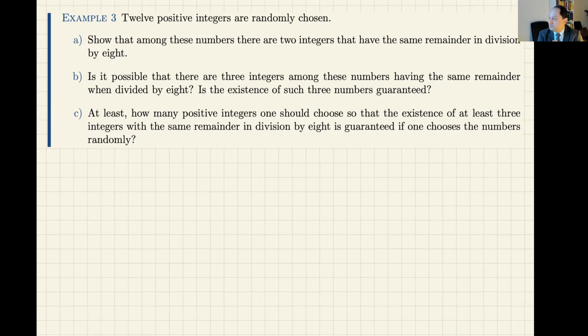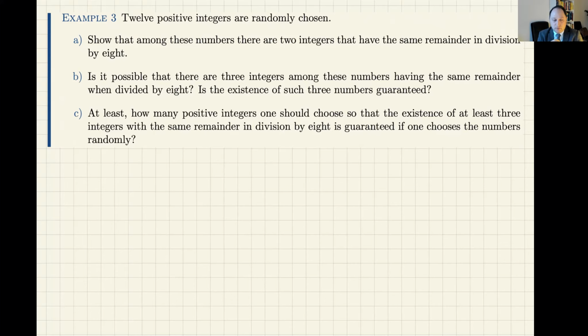We can say that if x is an integer, then there are 8 different possible outcomes if we divide it by 8, as the remainder. Yes, exactly. And that would be 0, 1, 2, 3, 4, 5, 6, and 7, which is in total 8 different outcomes.